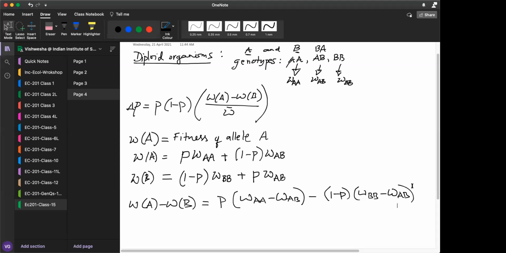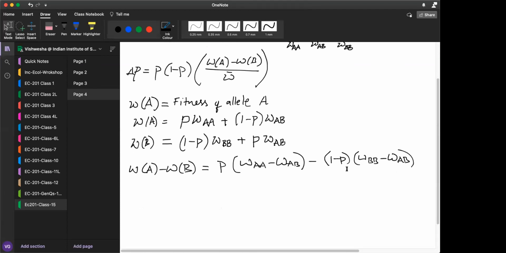And the numerator can be simplified further. Let us take the P terms together. If I expand this term, the first term will have no P, right? It will be just minus of this term. The other term will be minus times minus P times this term. And then let me now pool together both the P terms here.